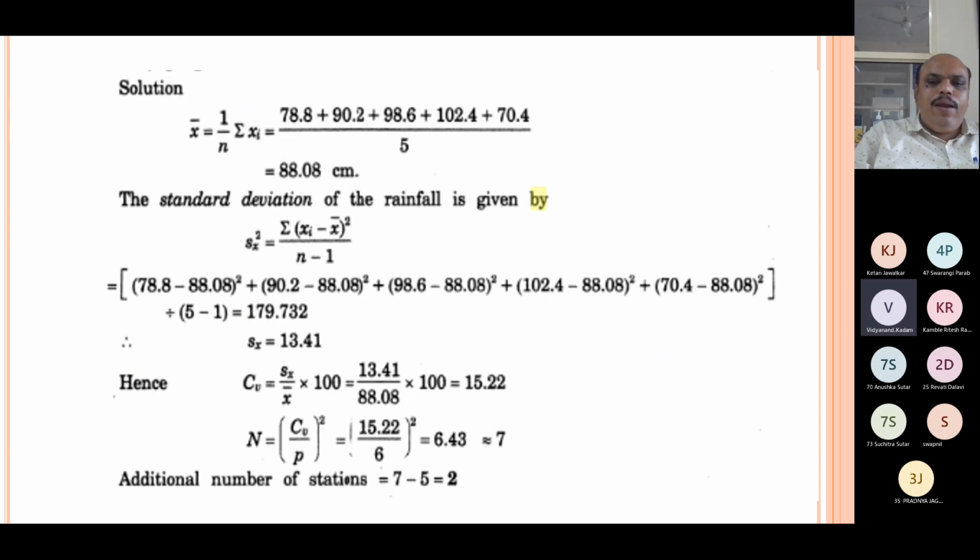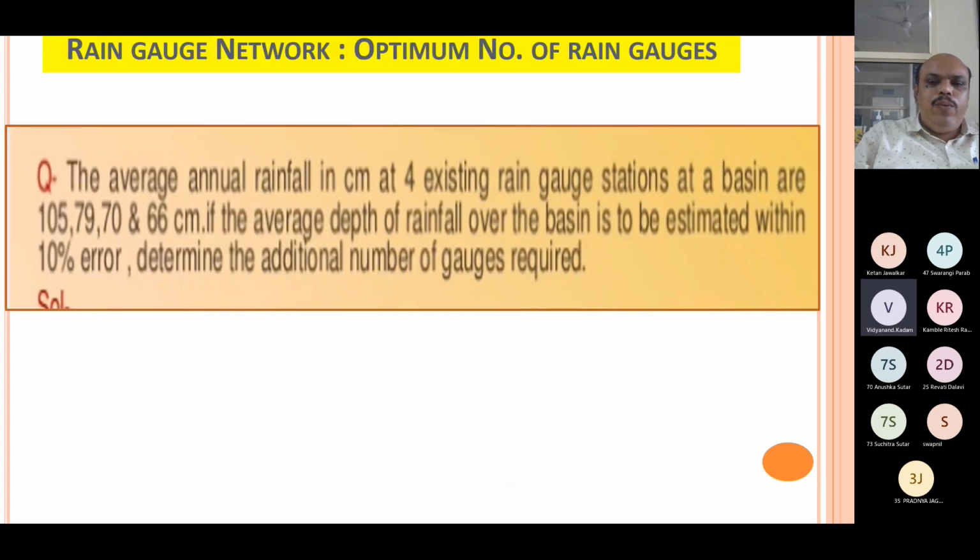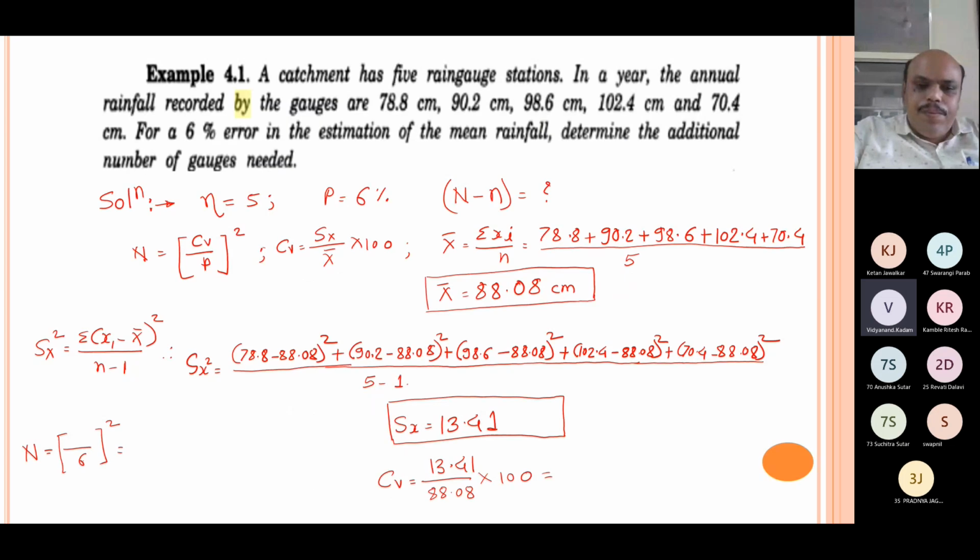Answer for Cv is here, 15.22. And then N is equal to (Cv upon P) bracket square. So this answer comes out to be 6.43, and it is approximately equal to 7.